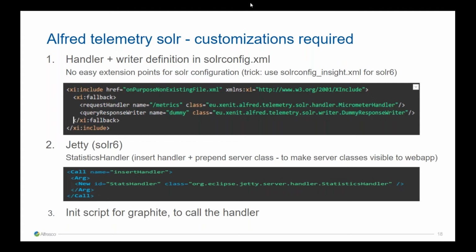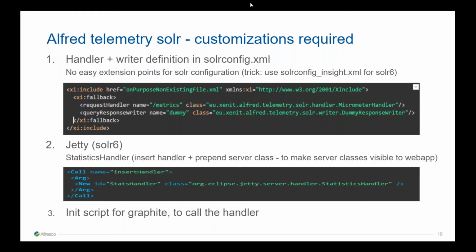And finally, a third kind of customization, required only in the case of Graphite registries, Graphite only, is that init script which calls the handler once in the beginning. Since all this is quite a lot of customization, we provide Docker images with everything ready, and they are in the resources and links section.